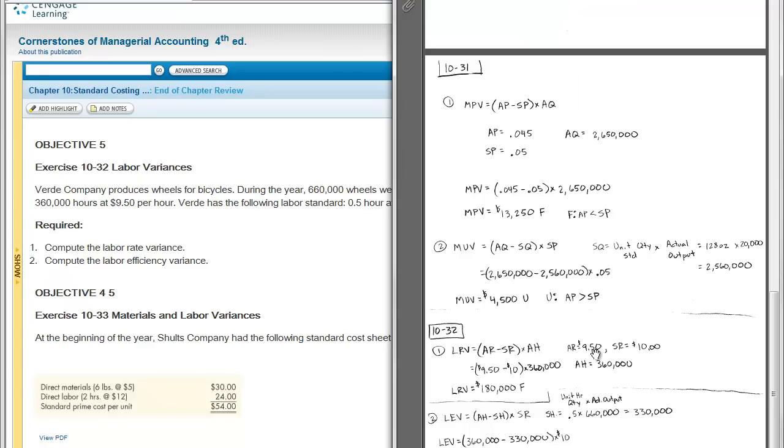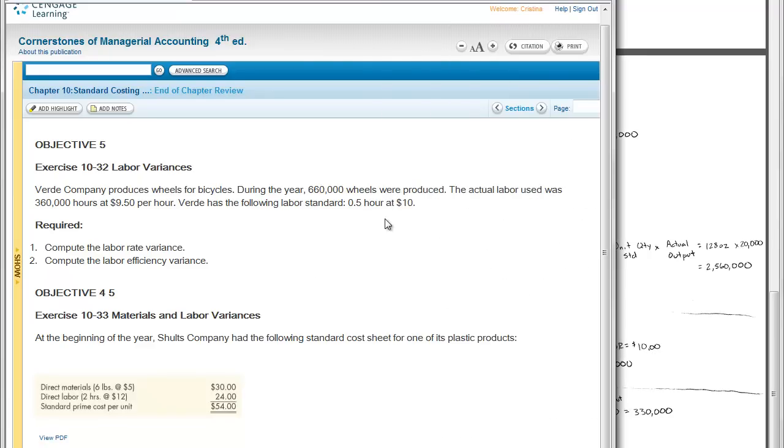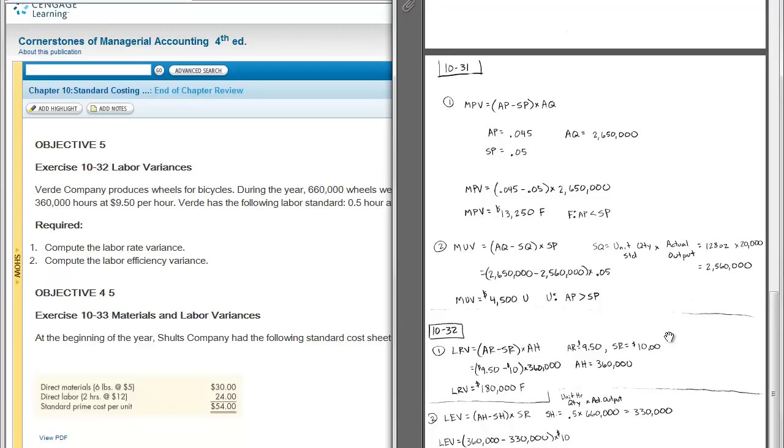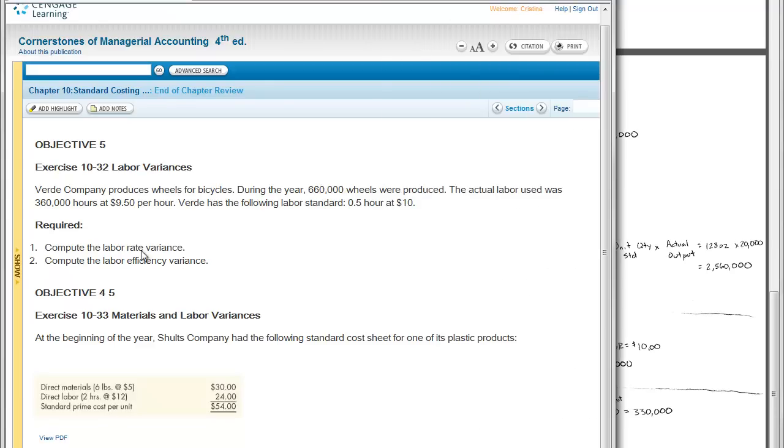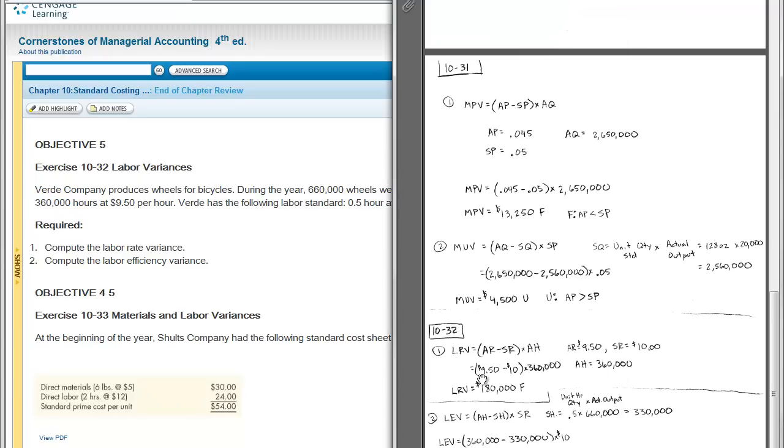So you see that plugged in there. The standard rate we see is $10 per hour. And the actual hours, also given, 360,000. So we can plug these three items into our equation, make the subtraction here and also multiplication, and we see that the labor rate variance is 180,000, favorable.